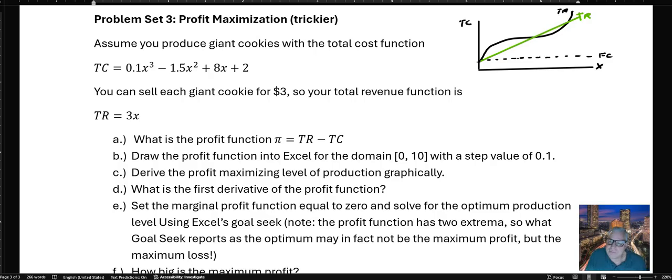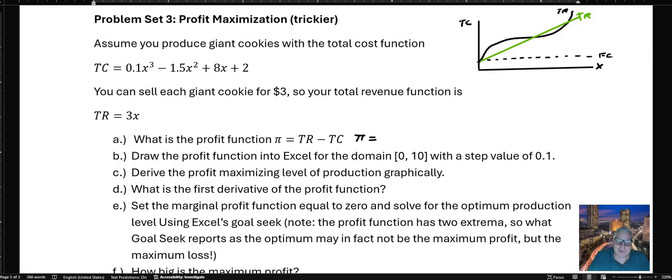Okay, so now what is the profit function? The total profit function is total revenue minus total cost. So in economics we like to abbreviate profit with the Greek letter pi.